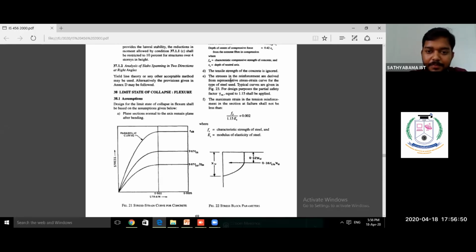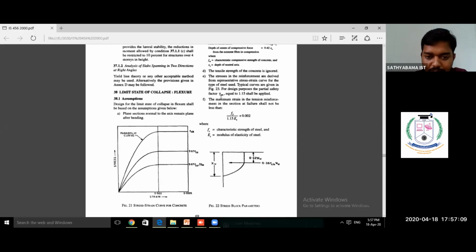Next, point E. The stresses in the reinforcement are derived from the representative stress strain curve for the type of steel used. Typical curves are given in figure 23. For design purposes, partial safety factor gamma m equal to 1.15 shall be applied.